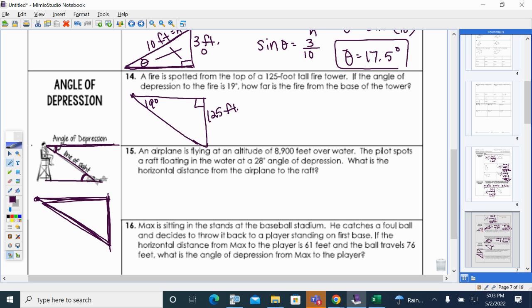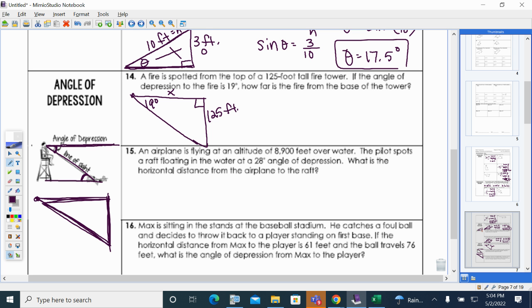And how far is the fire from the base of the tower? That means the horizontal distance is what you're looking for. I think these are a little more complicated to set up and label just because of the wordage. And I feel like the triangle is upside down, but that's your angle of depression.